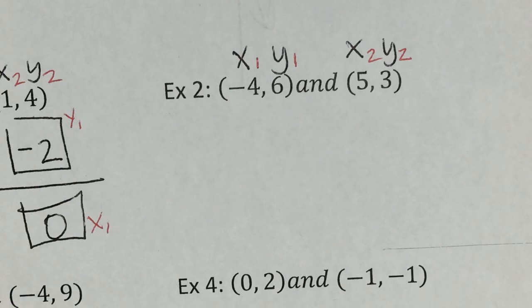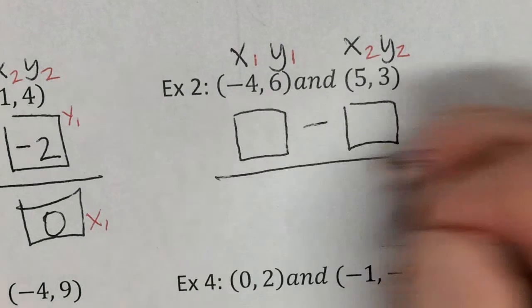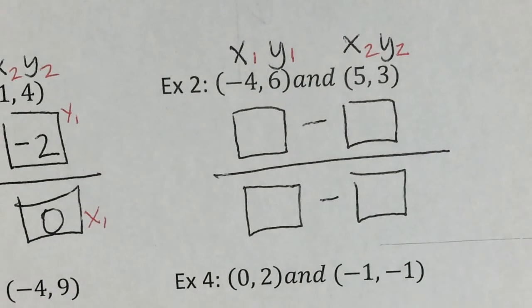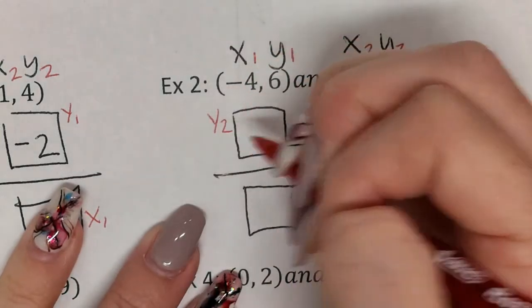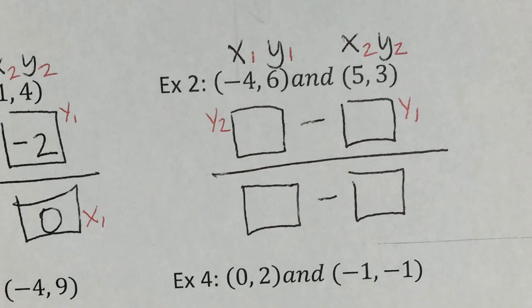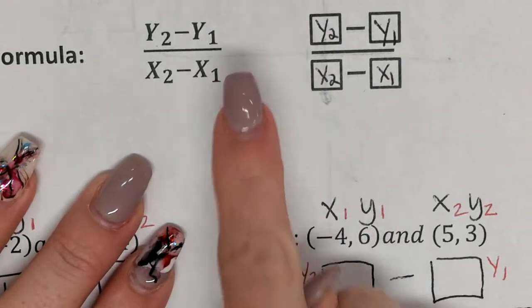I'm going to draw a box minus a box over a box minus a box. The formula says Y2 goes in the top left, Y1 goes in the top right. And guys, where am I getting that from? From the formula right here on your page.